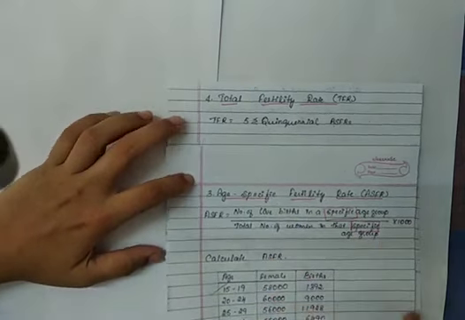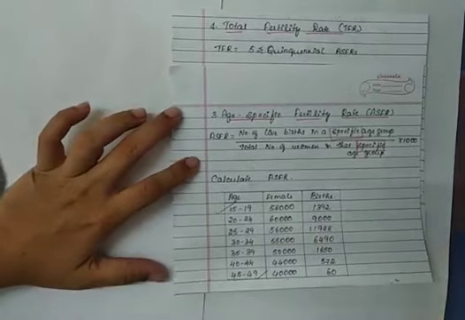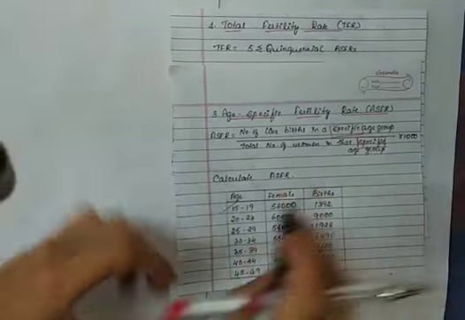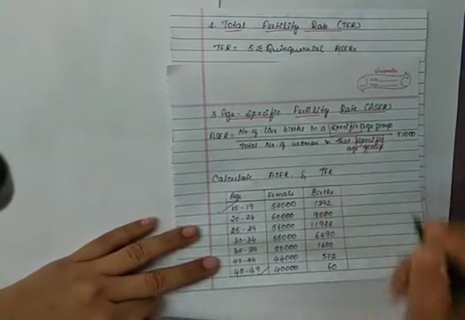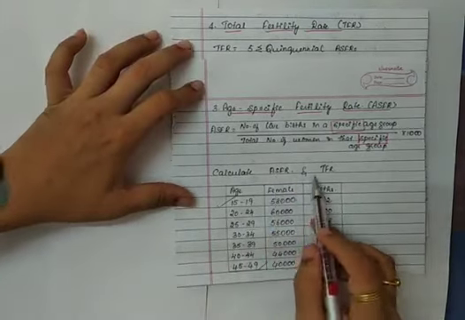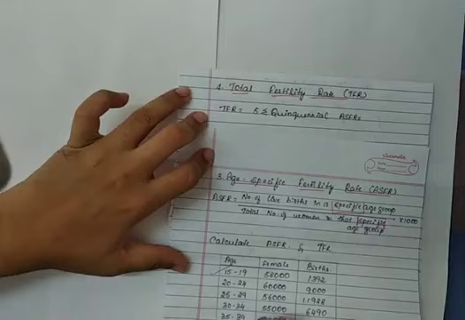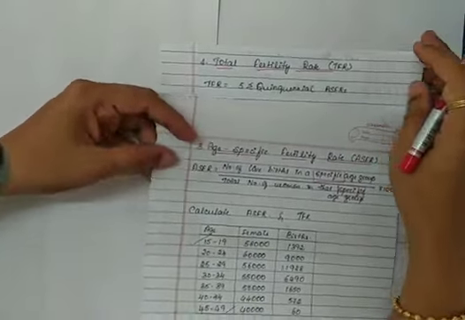So instead of going for a new problem, I am just continuing with the previous problem. Calculate ASFR and now let me add TFR. Only after calculating ASFR can we calculate TFR, that is total fertility rate.